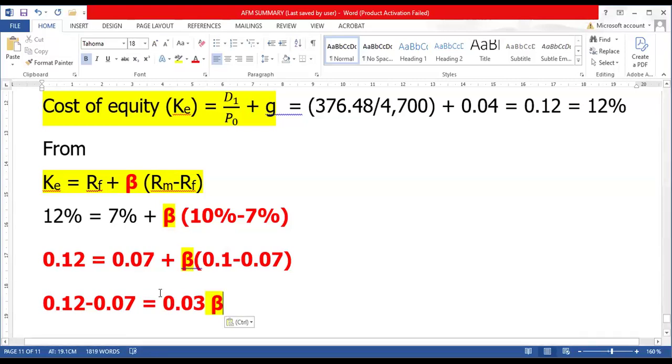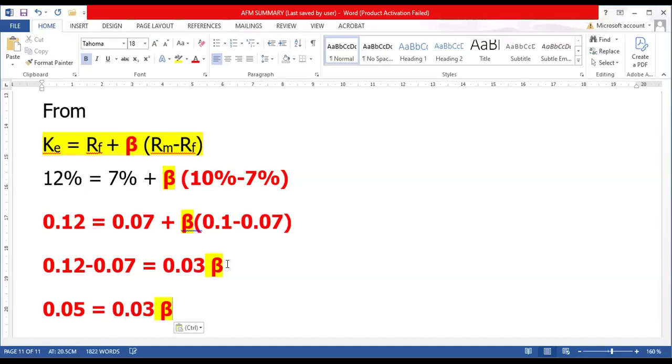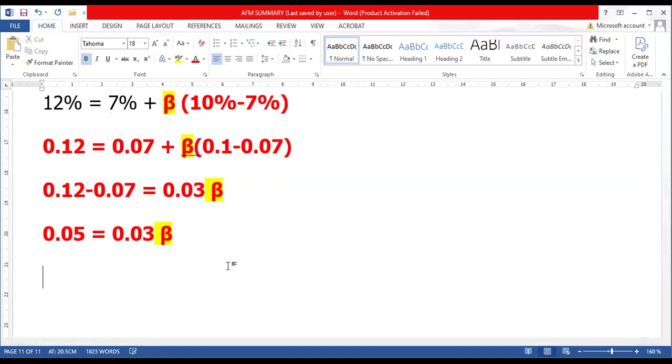Let me open now. We are opening the brackets. 0.1 minus this, you get 0.03. So here it will be 0.05 is equal to 0.03 beta. You need beta. So how can you get beta?